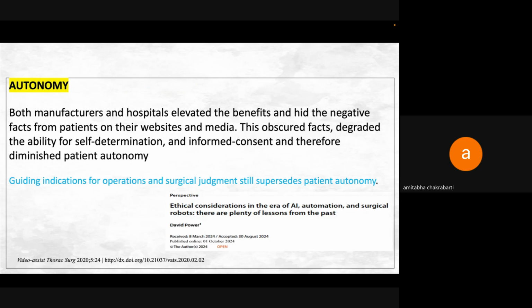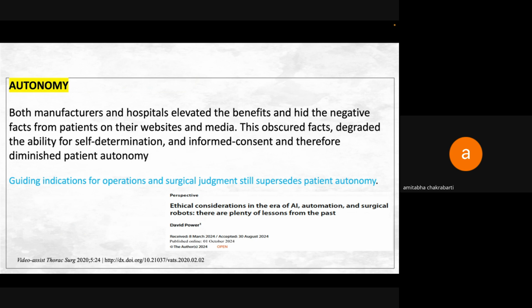Many a time, in many places, robotic use is promoted by manufacturers and hospitals to elevate the benefits and hide the negative facts from patients on their websites and media. This is encroachment on autonomy. These obscured facts degrade the ability for self-determination.